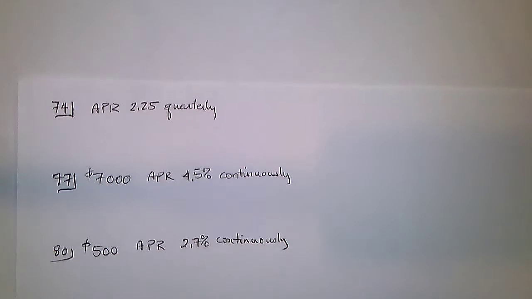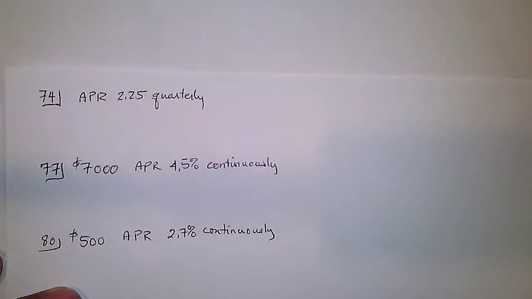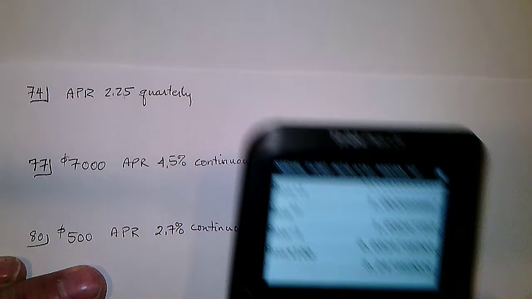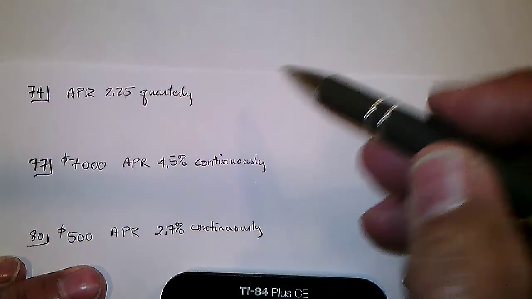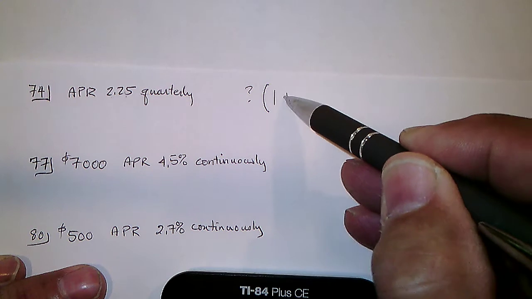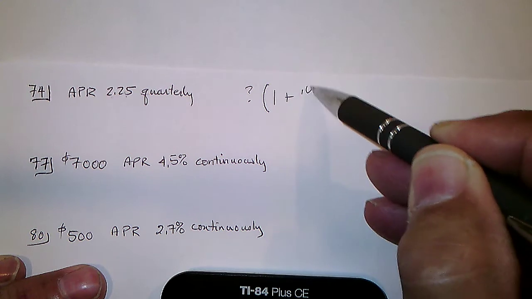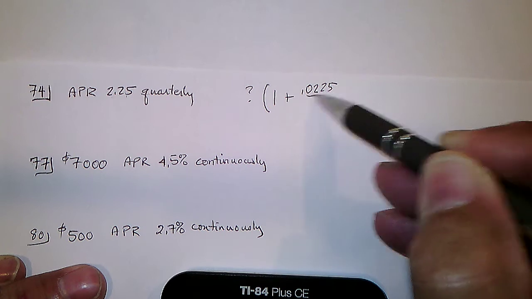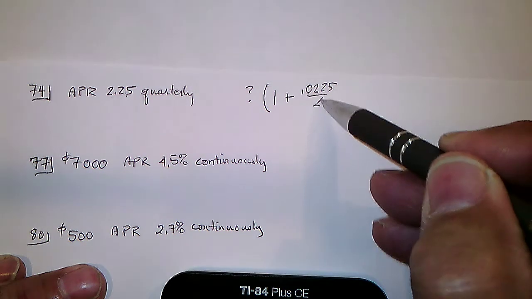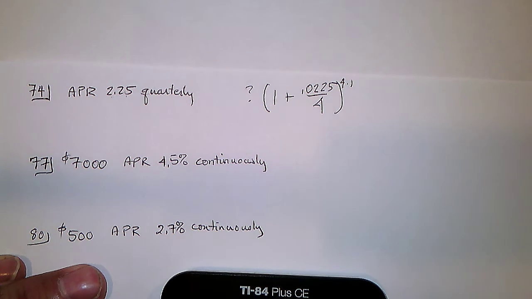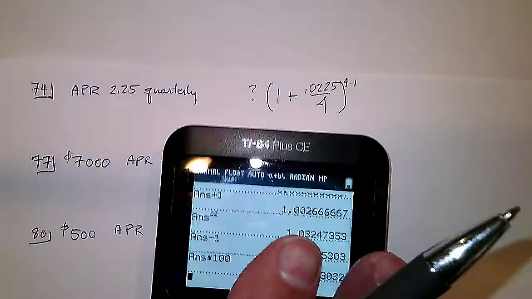Now let's do this one. The yield when it's 2.25% quarterly. So we don't care how much, it's 1 plus 0.0225 divided by 4, since it's quarterly, 4 times 1 year, because we're getting the annual percentage yield.